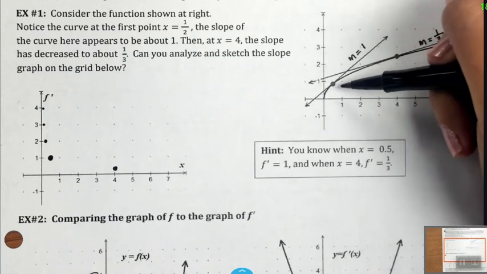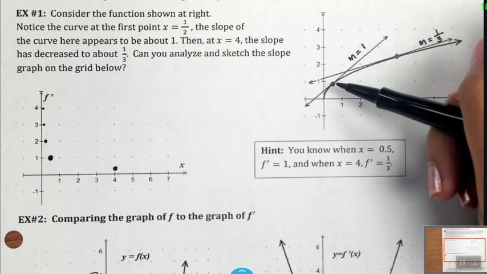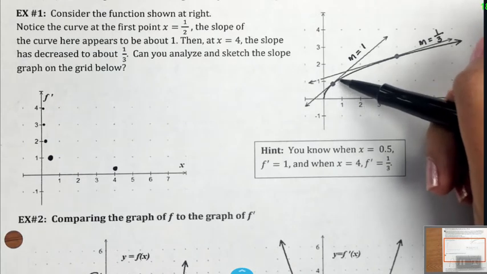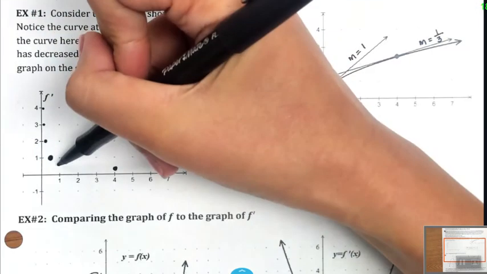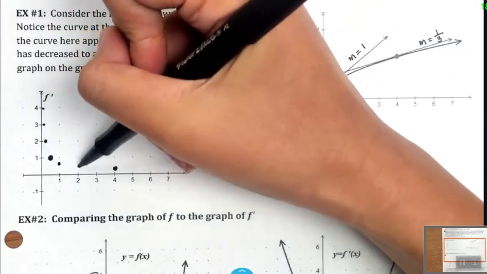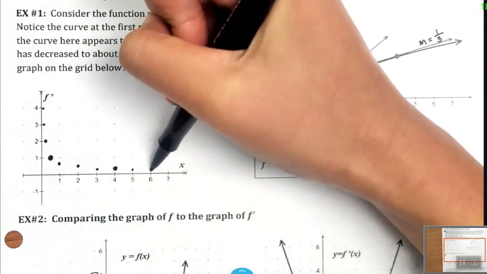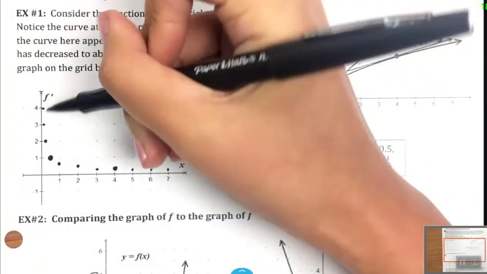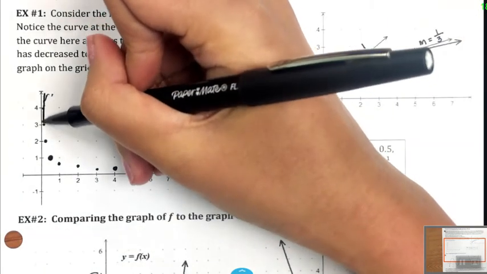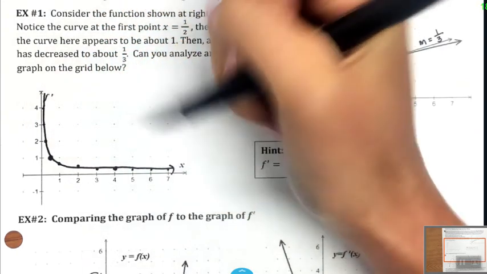And then as you go from 1 to 1/3, the slopes of your tangent lines are getting shallower, right? So the slopes are getting smaller, so your derivatives are decreasing. I don't think it ever actually levels out, but it gets super close. So your derivative graph actually looks like this.